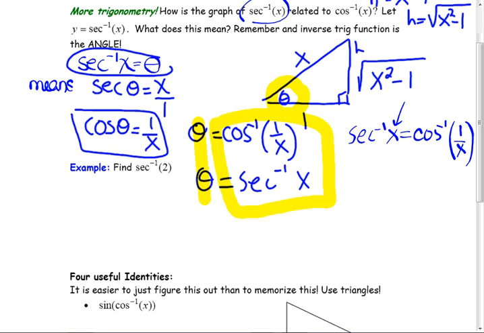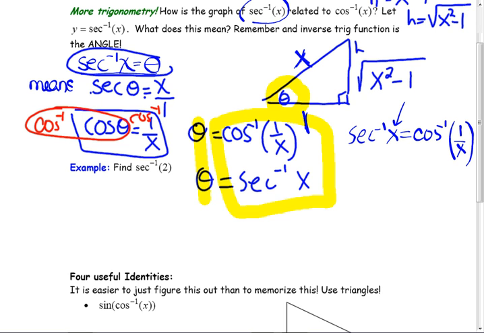I started off with inverse secant of x, call that theta, so I rewrote it, secant of theta is equal to x. So then I drew a little picture over there. And I said, what's the cosine then of my angle? If the secant is x over 1, the cosine's 1 over x. Then I solve for my angle here. If you want to think of it as taking the inverse cosine of both sides, what happens to these guys?